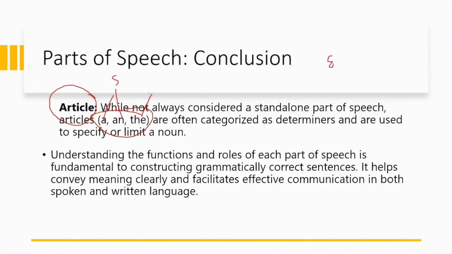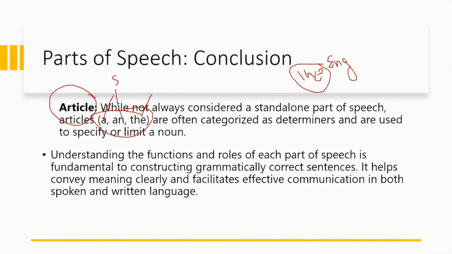So for example, English is a noun and it means language. If you place the English, it means the person living in England. So this noun, the article changes: place or the place, some particular place. Understanding the focus and roles of each part of speech is fundamental to constructing grammatically correct sentences.